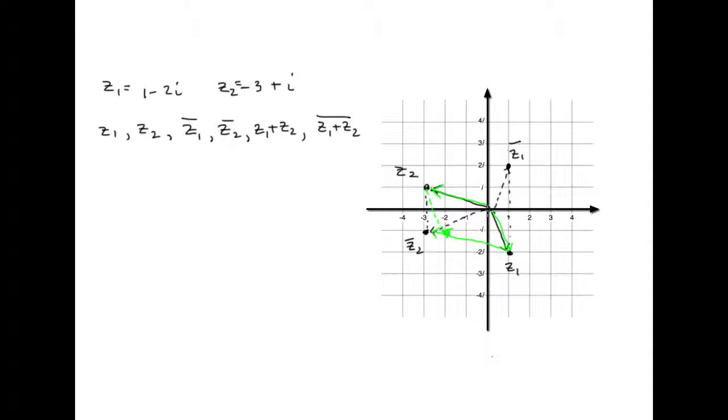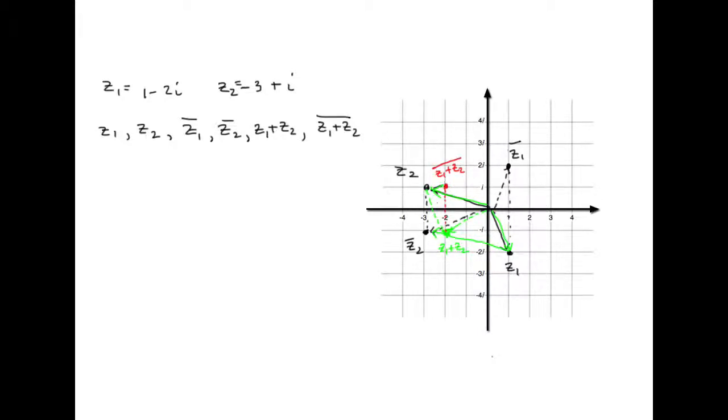So z1 plus z2, there's the associated vector, and we're talking about minus 2 minus i. And in red, let's have a look at its conjugate. So that would be up here, the conjugate of z1 plus z2, just sitting there.